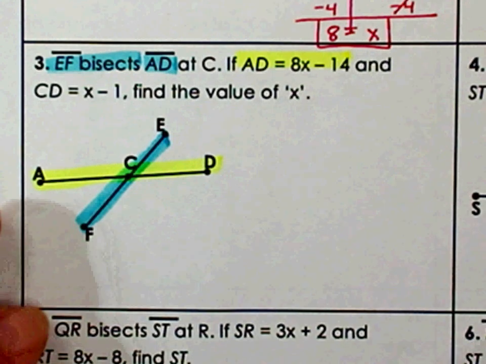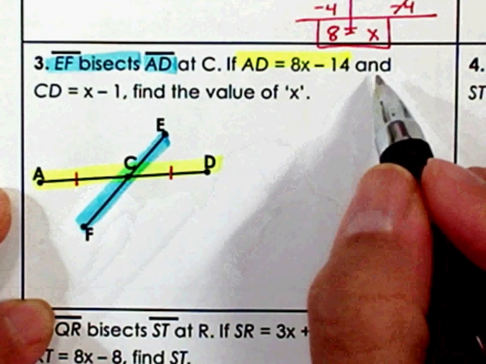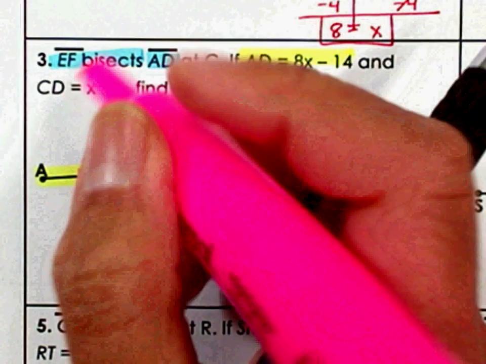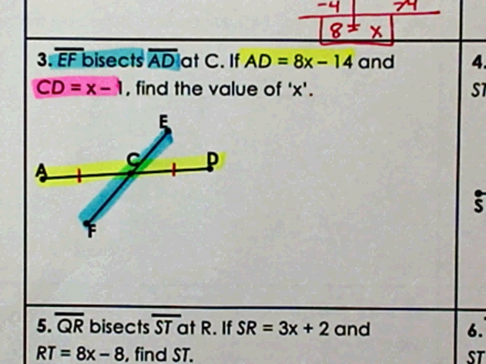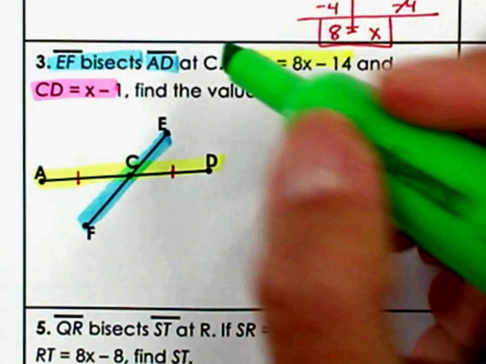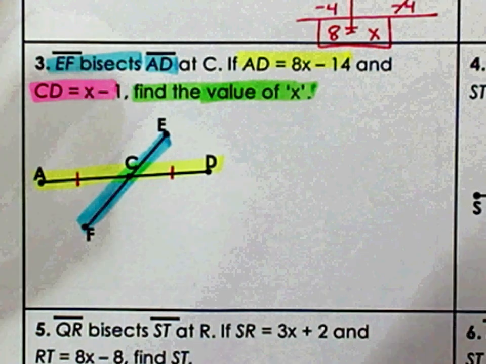So that's this whole thing right here. But if they bisect, then these guys are congruent. And what does it also say? It says CD is x minus 1. Find the value of x. That's what you're trying to find.